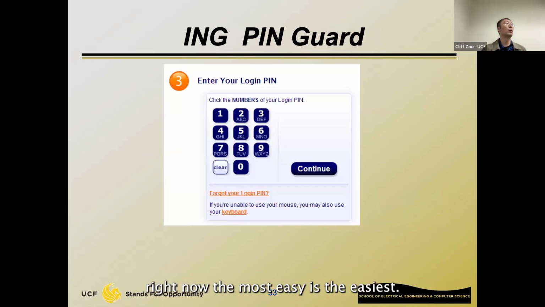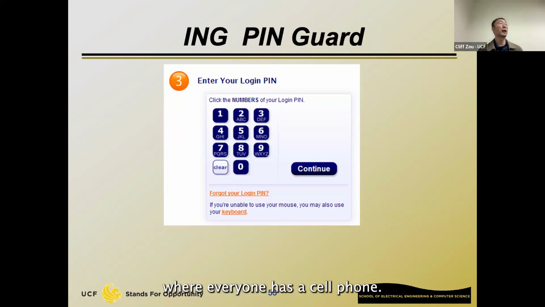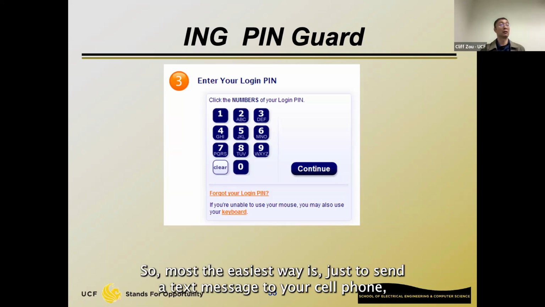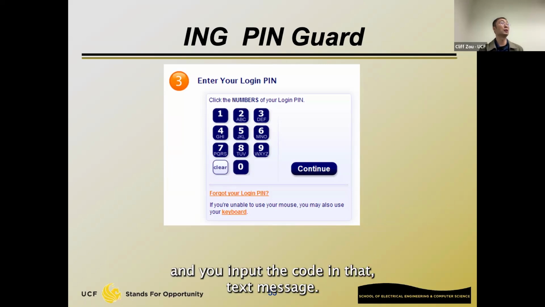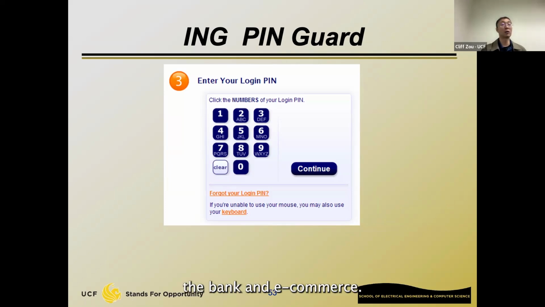Of course, right now, the easiest and more secure way is to use two-factor authentication, where everyone has a cell phone. The easiest way is just to send a text message to your cell phone and you input the code in that text message. That's a common way right now used by all the banks and e-commerce sites.